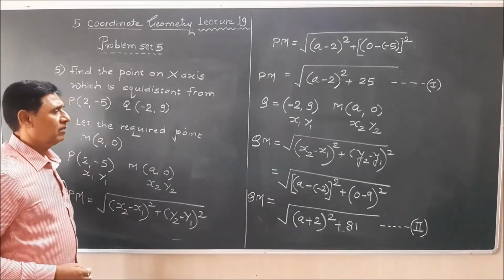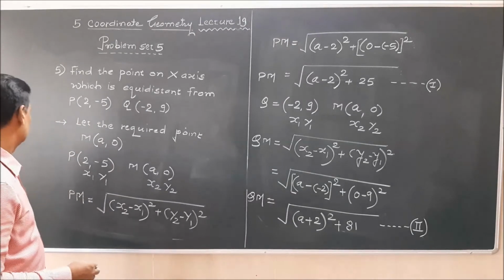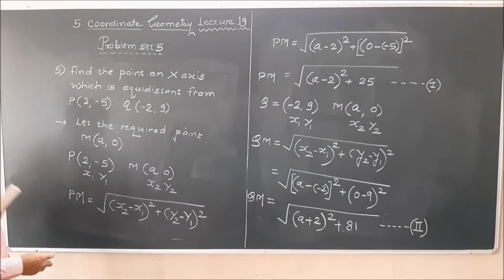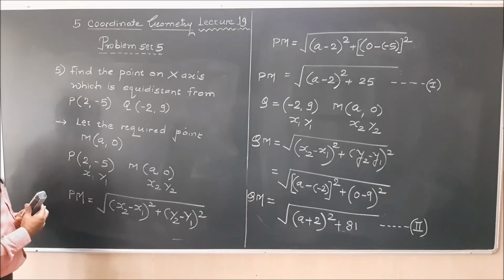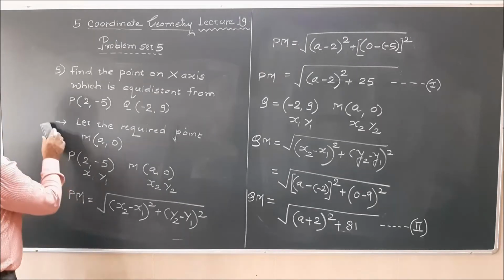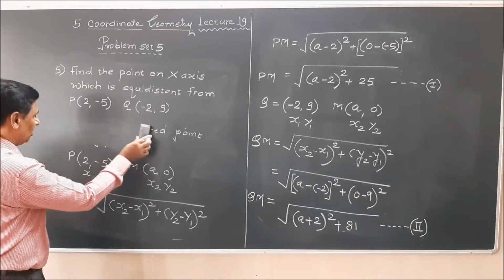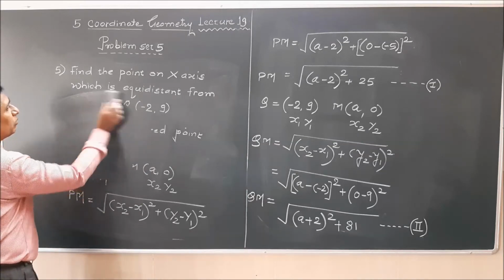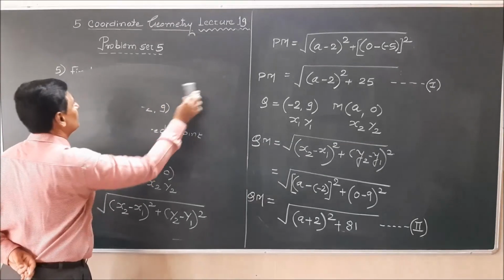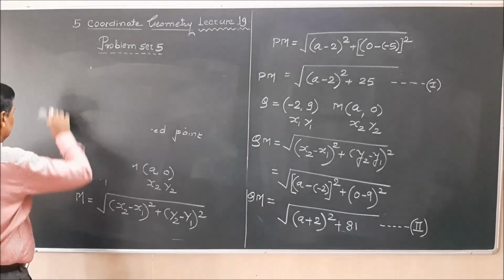So what is our aim? Our aim is to find out the coordinates of M, a comma 0. But they have given us that this point is equidistant, very important.